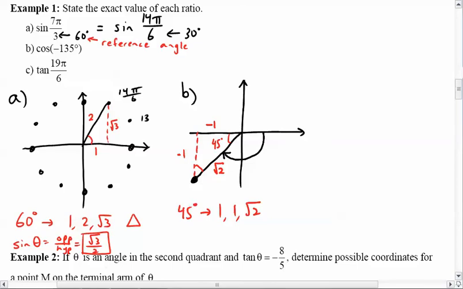And that's because I'm in quadrant 3. So cosine is equal to adjacent over hypotenuse. Adjacent side is negative 1. Hypotenuse is root 2. Ta-da! No calculator needed.